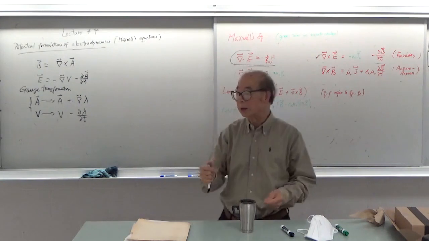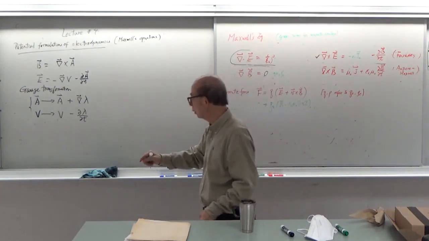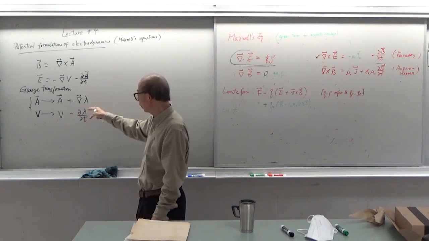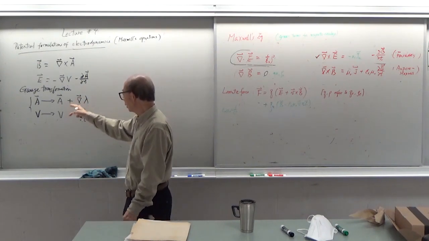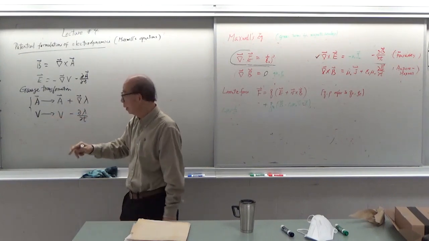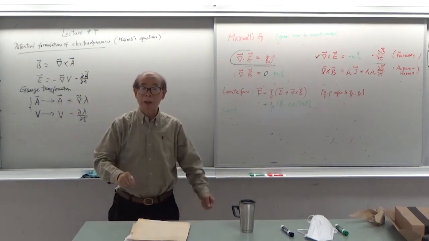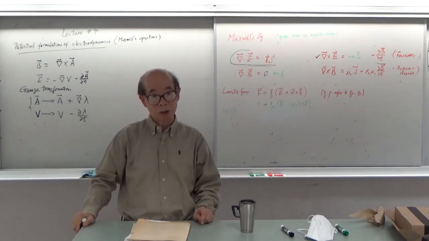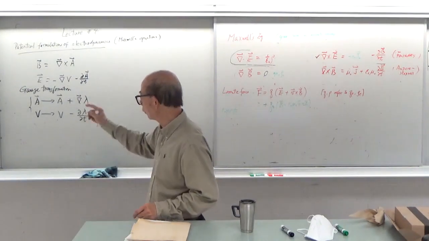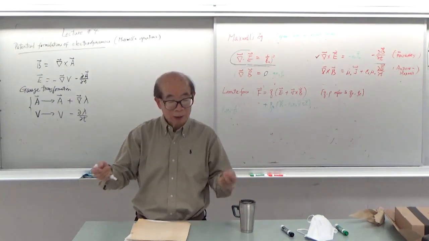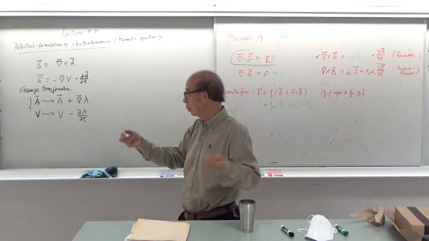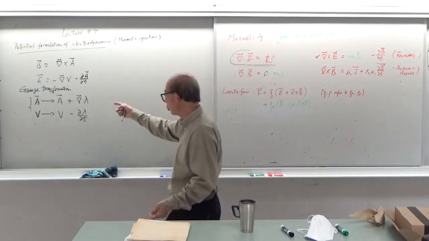And we can always change the two potentials by a lambda of this form, an arbitrary function, with A changed by this, and V changed at the same time by this much. Then the physical fields E and B are not changed. Since this transformation does not change the physical fields, we are free to make such changes.